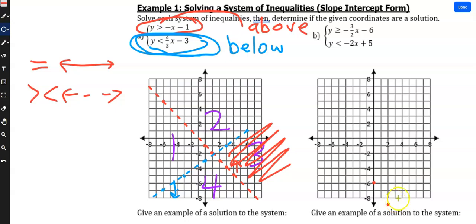And the reason I want you to do one coordinate, even if it goes off the graph, is so that when you start to go backwards, you don't mess up the slope of the line. Some kids like to do that. Now, this particular one does have an equal sign on it, so we will have a solid line.